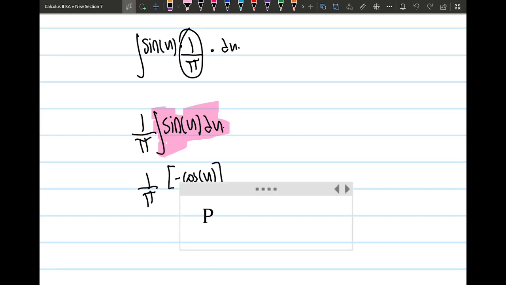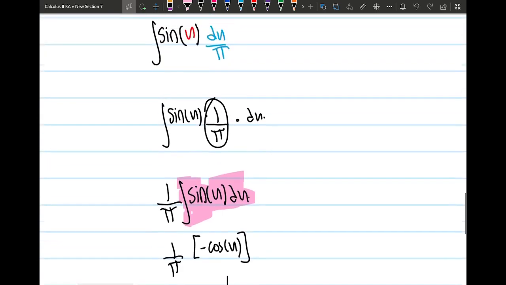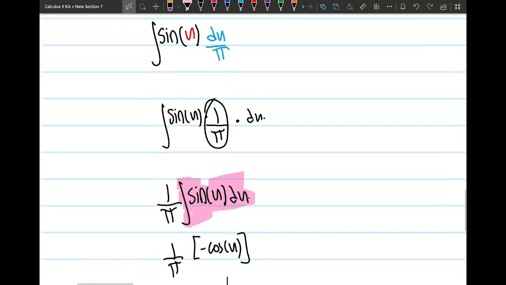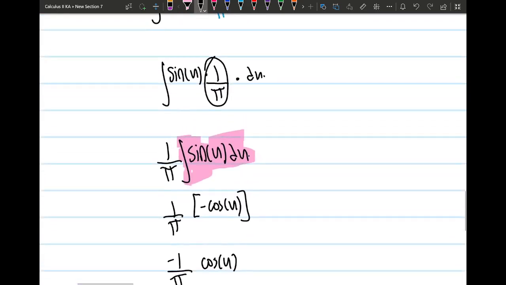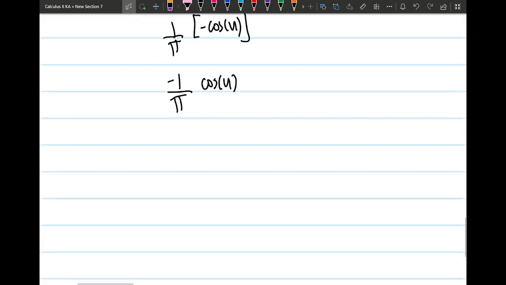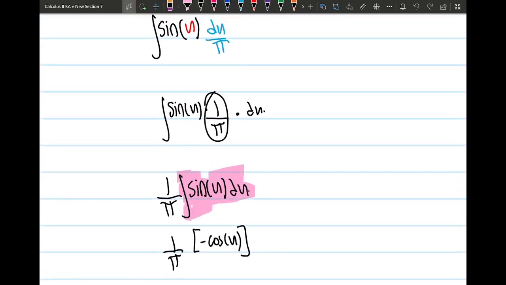Now we're going to bring the negative and 1 over pi together. So it's going to be negative 1 over pi cosine of u. If we substitute u back in, it's going to be negative cosine of pi x over pi, because again, u was pi x, okay?